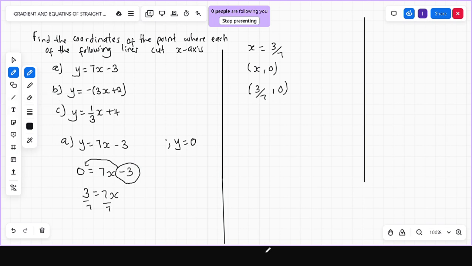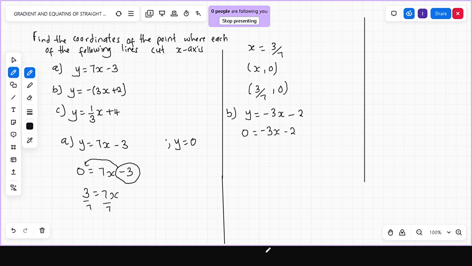Then part B, y equals minus 3 times the bracket, opening this one becomes minus 3x, minus negative times positive is a negative 2. But now our y is equal to 0, equals minus 3x minus 2.